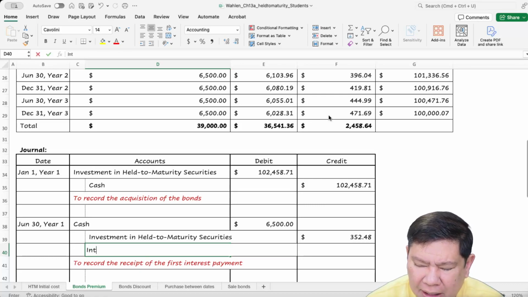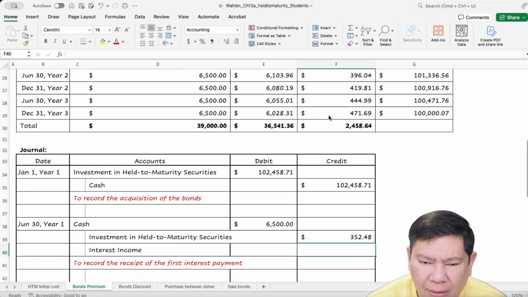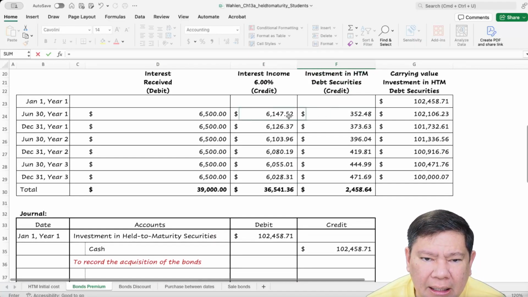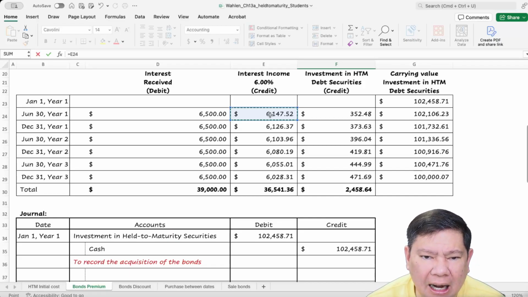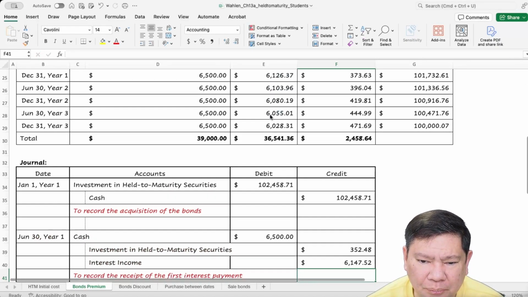Okay, and then we will recognize interest income for this one. The 6% interest income, 6,147.52.